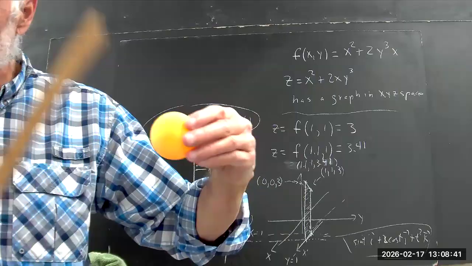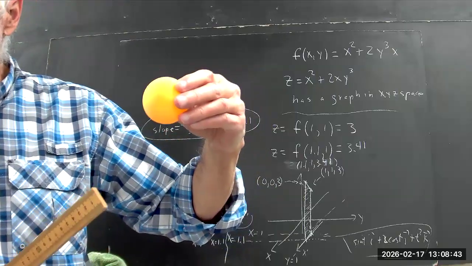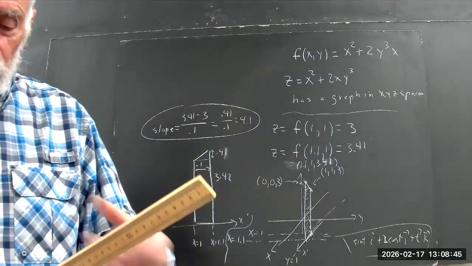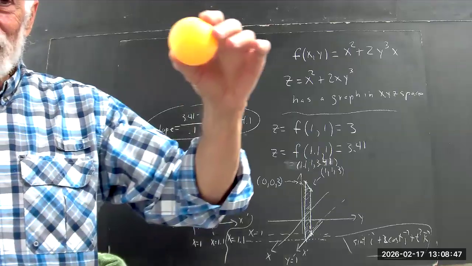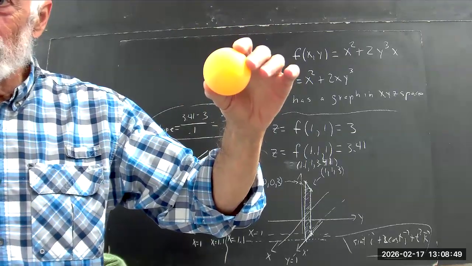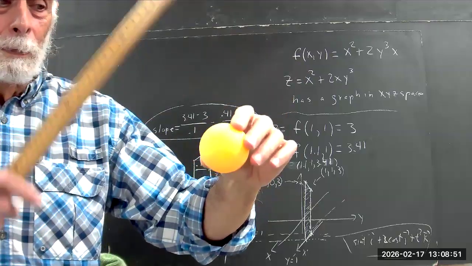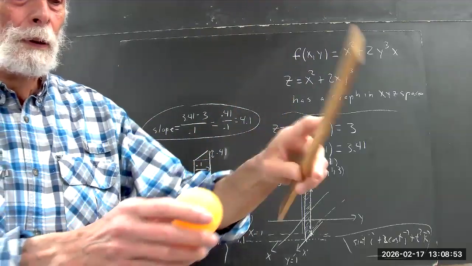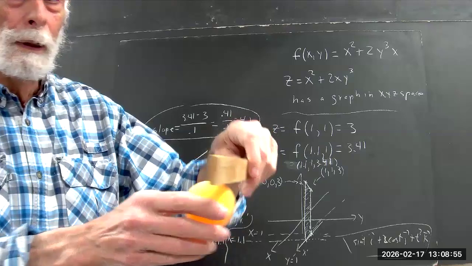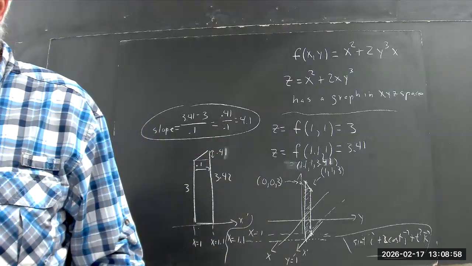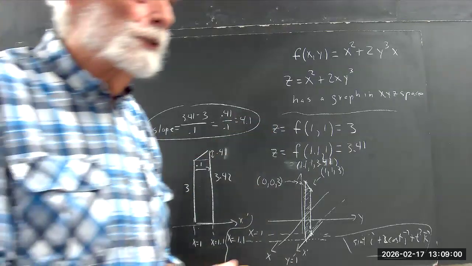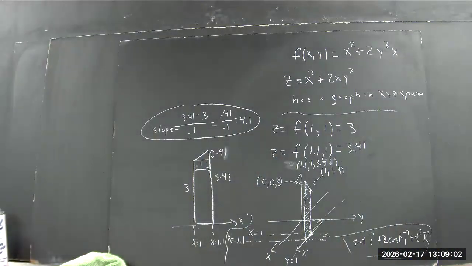No matter how I slice the thing, if I slice it with a plane, it's going to give me a circle. Okay, so that circle will correspond to this three-dimensional graph confined to this plane. Or if I do the y equals 1 plane, maybe it'd be here. Okay? That makes sense?